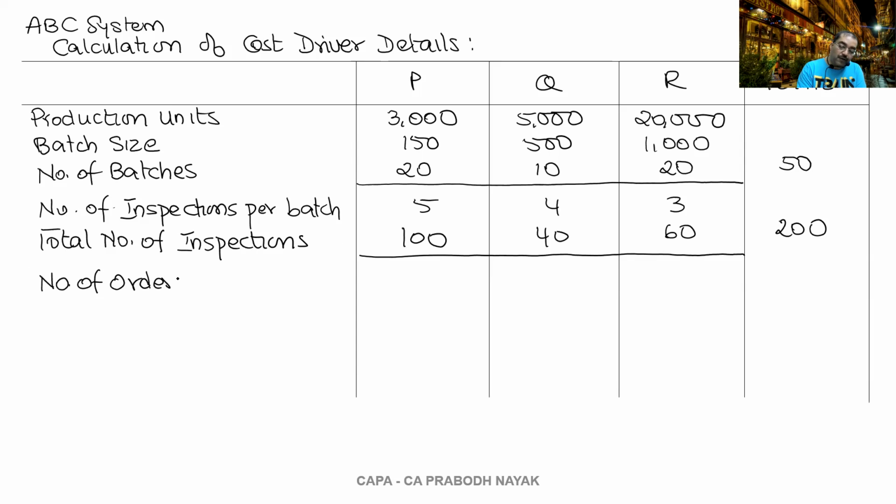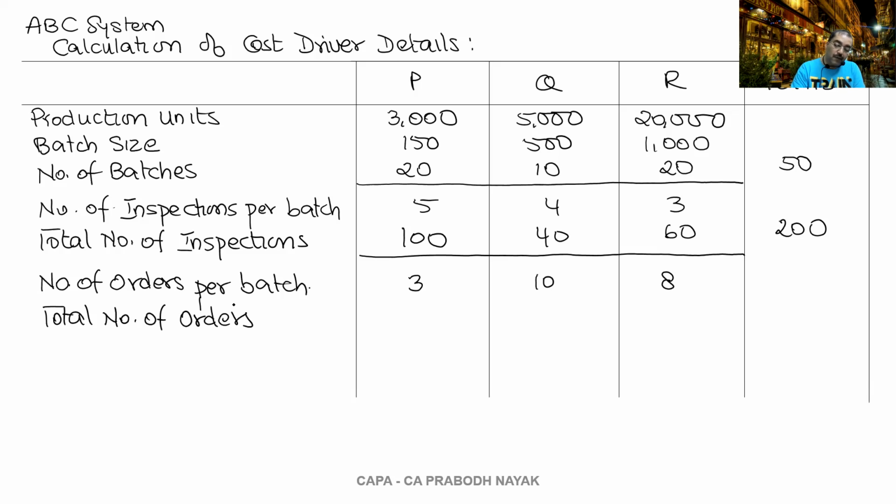Number of orders per batch. Number of purchase orders per batch, 3, 10, and 8. Total number of orders: three into 20, 10 into 10, 8 into 20.